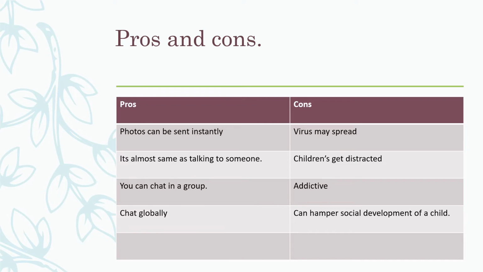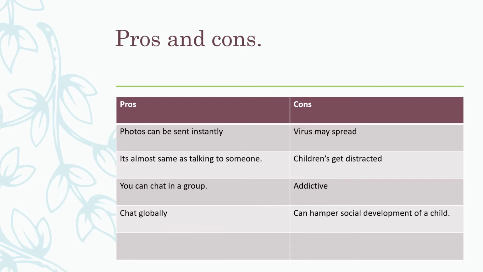Another way of saying point two in the cons is it can make teenagers addicted to social media. They would rather sit on their phones whole day rather than going outside and watch some butterflies or maybe play with their friends. So that way it can hamper the social development.